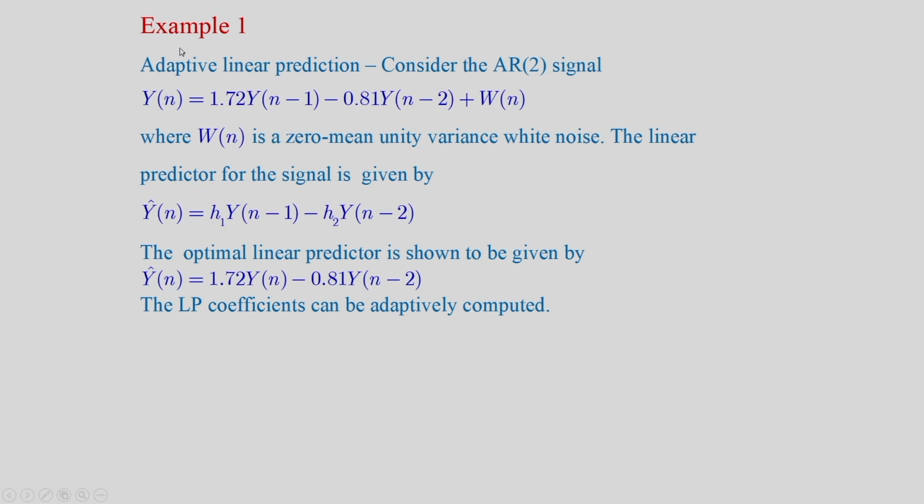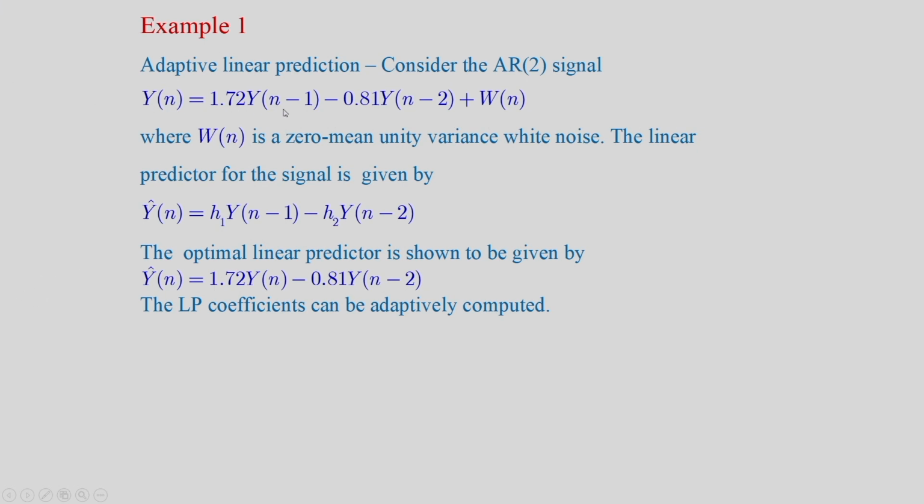Let us consider one example: adaptive linear prediction. Consider the AR2 signal y[n] = 1.72 y[n-1] - 0.81 y[n-2] + w[n], where w[n] is a zero mean, unity variance white noise process.